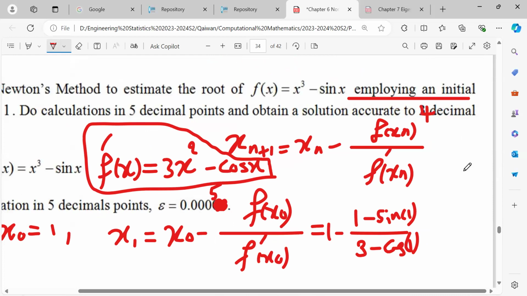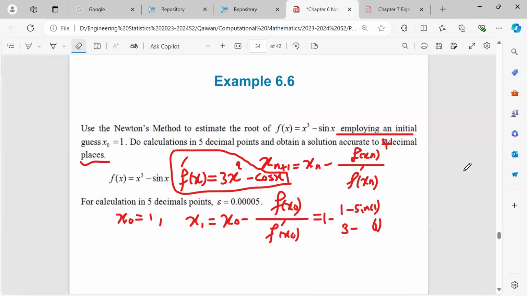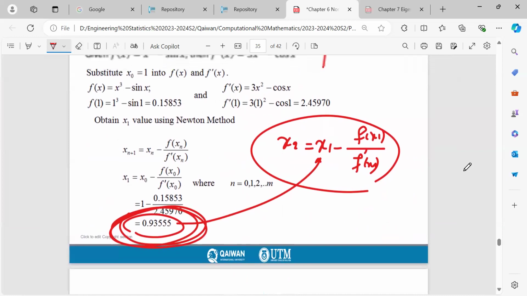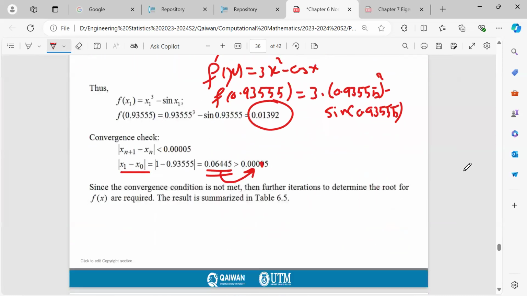Change this to 4, because it's calculated for that. Then we say it is not less than the error, so you should continue to do the next iteration.